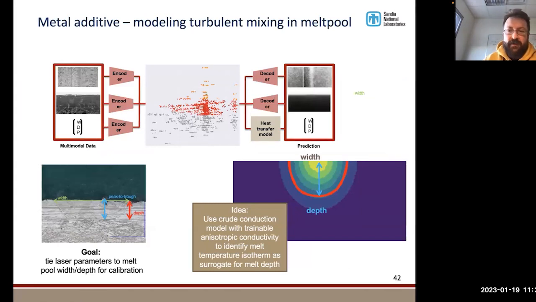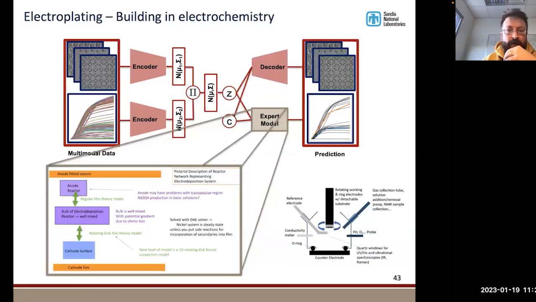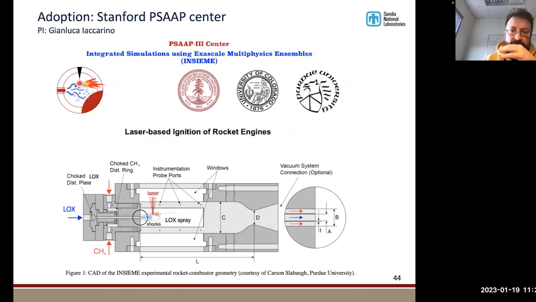There are a lot of examples where we're doing that. For metal additive, we have models for heat transfer within the laser melt pool. For electrochemistry, we have models for the electrochemical transport in the bath as it deposits ions onto a gold film or a copper film. This has been picked up at Stanford.